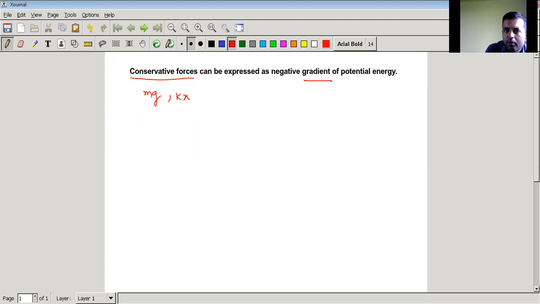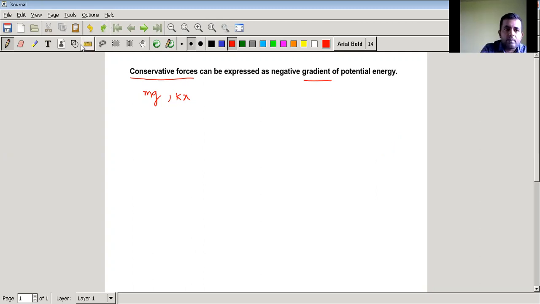Now, what is the meaning of gradient? A gradient means if anything changes with position, it is called a gradient. So just like if you go up, the potential energy increases, so this is a positive gradient of potential energy.